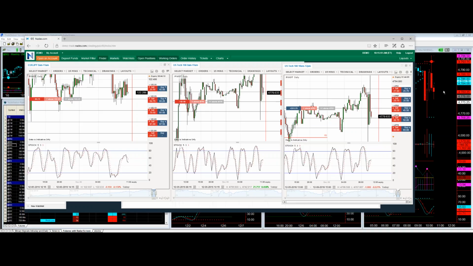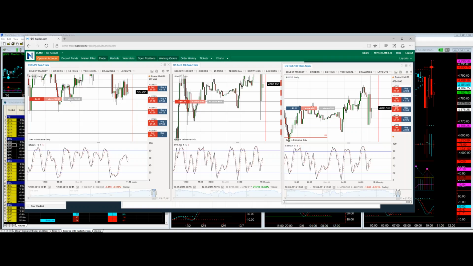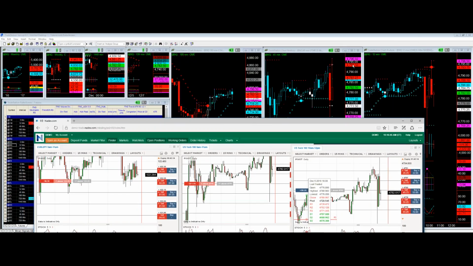Really, out of all of these, the NASDAQ's had the best setup. The one thing I liked about the NASDAQ that we didn't have on the others is they both had that 47.93.